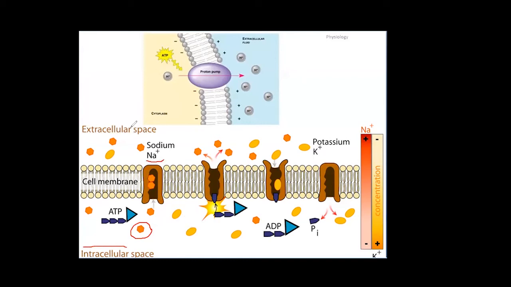But you can see outside of the cells we have a lot of sodium already, and we still try to release more. So basically we need energy and the protein channel. That's the active kind of movement.